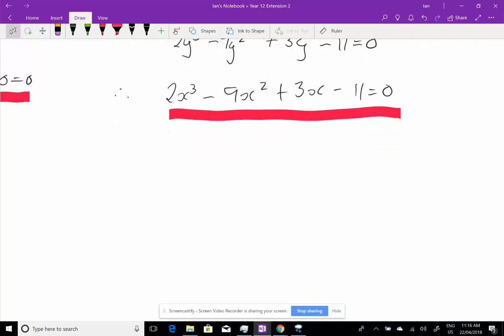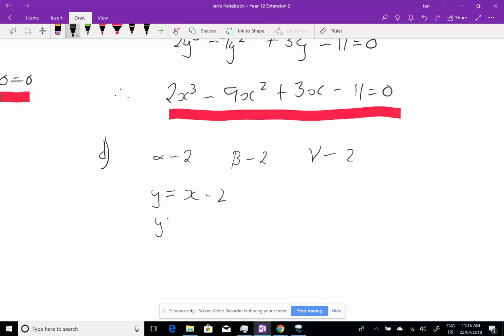Okay. Let's go on to D. If I do D, alpha minus 2, beta minus 2, and gamma minus 2. Well, you can see what we're going to do. We're going to let y equal x minus 2.